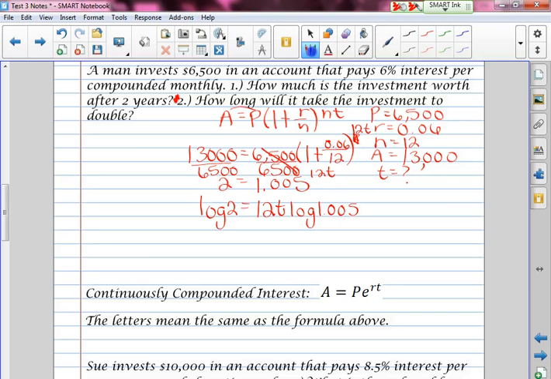You have a 12 and a log of 1.005 connected. You can divide them both out at the same time, and it cancels, and you're left with t equals log 2 divided by 12 log of 1.005, and now it's ready to go in the calculator.